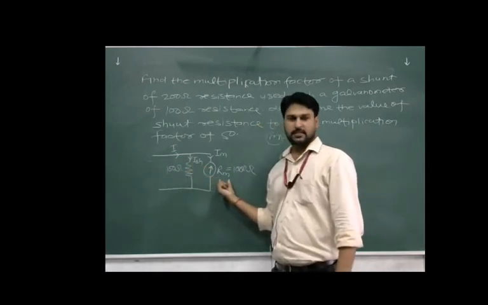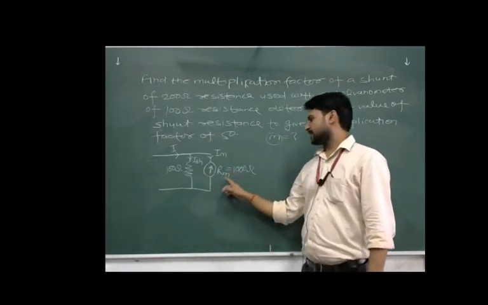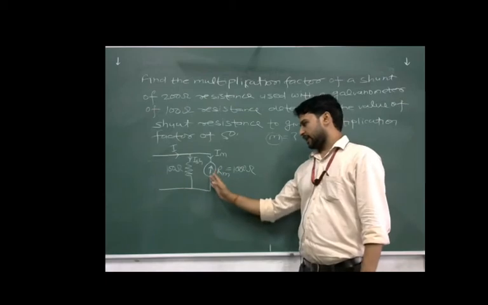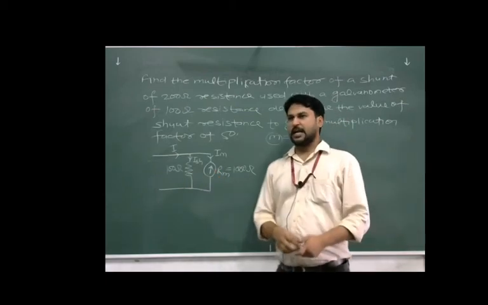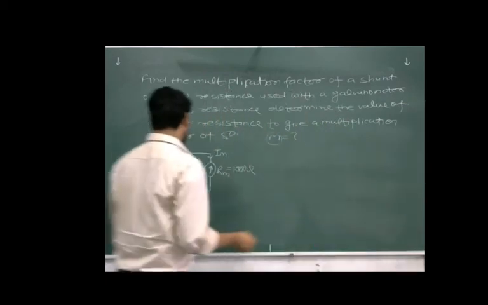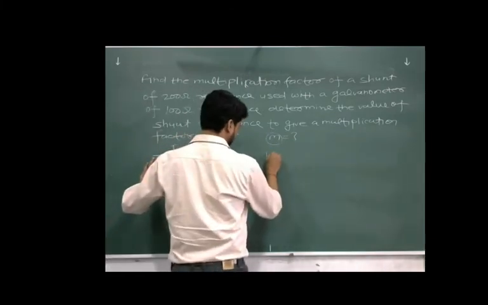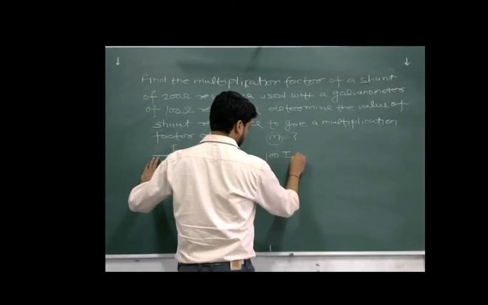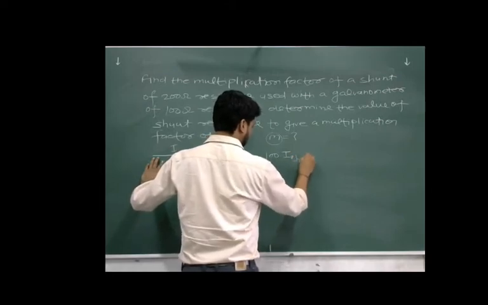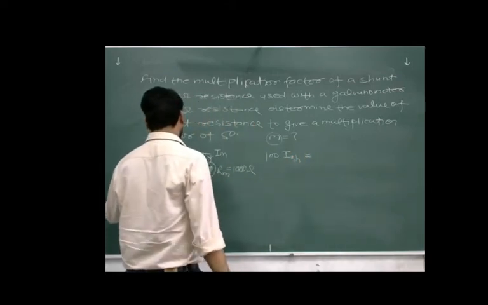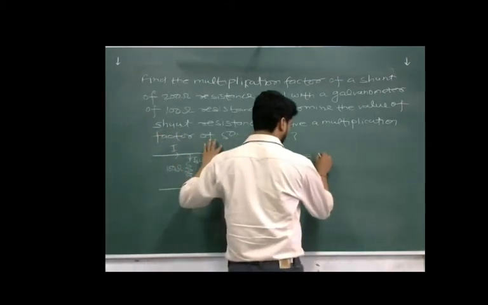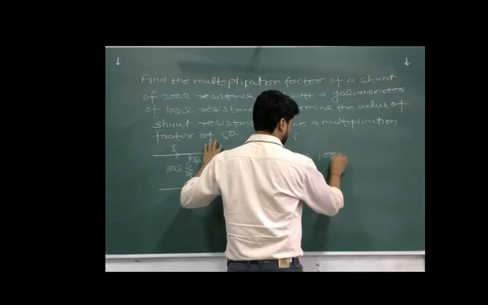In this branch the voltage will be 1000 into Im. So equating these two voltages, we can write 100 into ISH is equal to 1000 into Im.